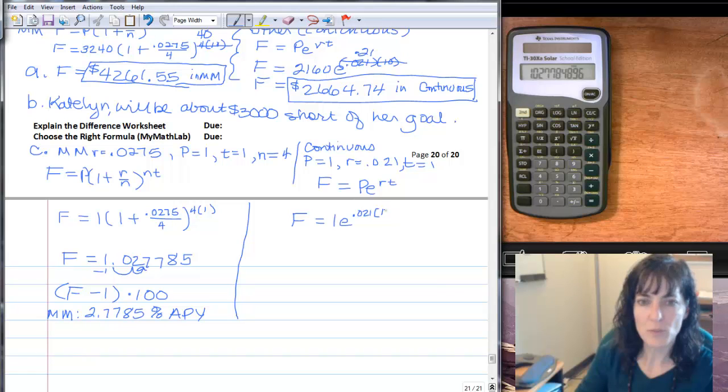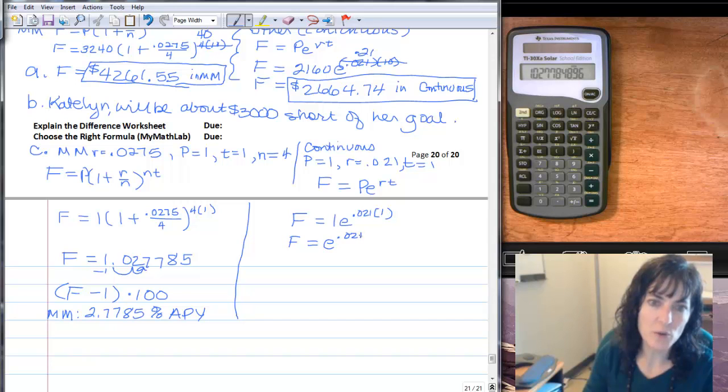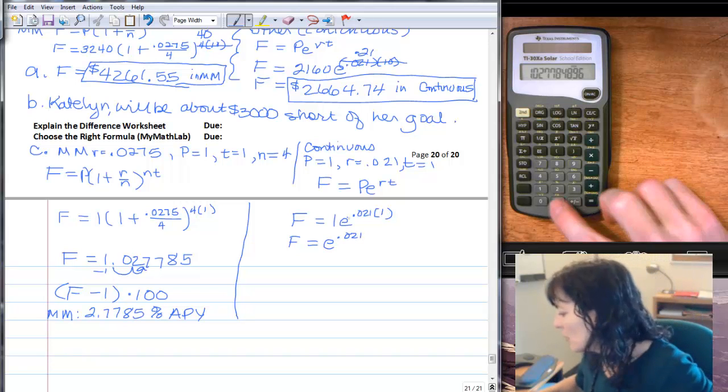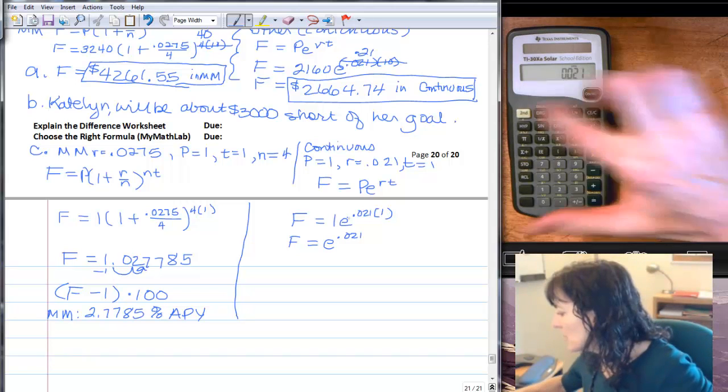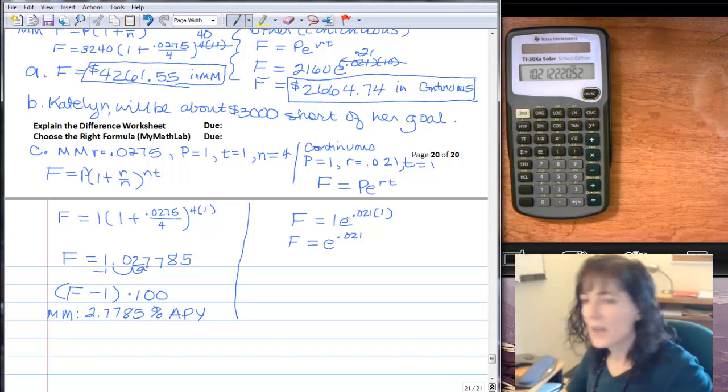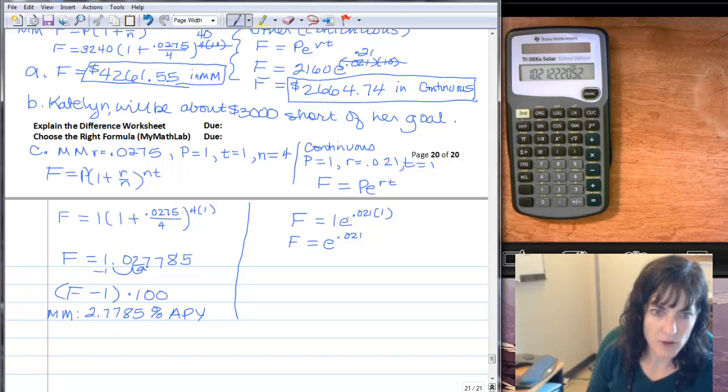Times e to the 0.021 times 1 for the t. Okay, so we can simplify a little bit. That's going to be f equals e to the 0.021. Let's try that out. 0.021 and e to the, and that is my f value right there.